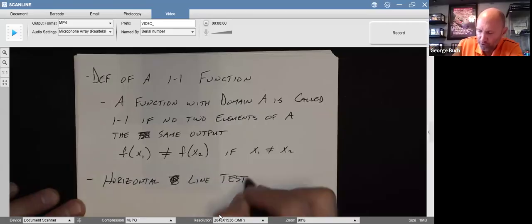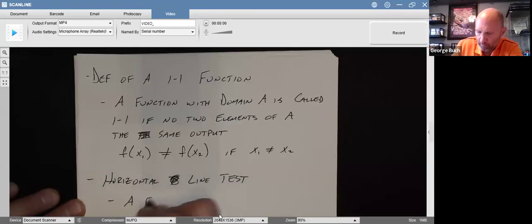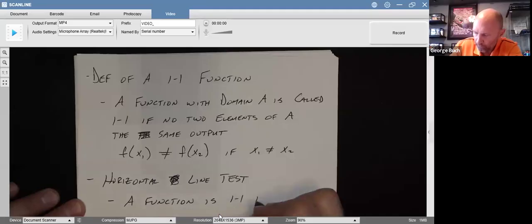We have that a function is 1-to-1 if and only if no horizontal line intersects the graph more than once.